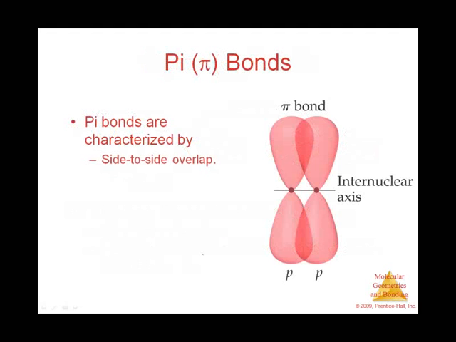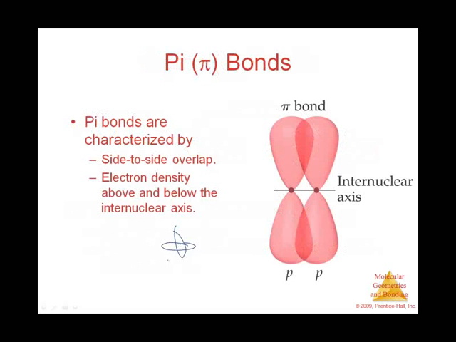Pi bonds come from overlapping side to side. So if you imagine, I've got 3 P orbitals, and I'm a terrible artist, and you know that, right? So this is my head-to-head overlap, but if I have more than one bond, it has to come from one of these other P's.